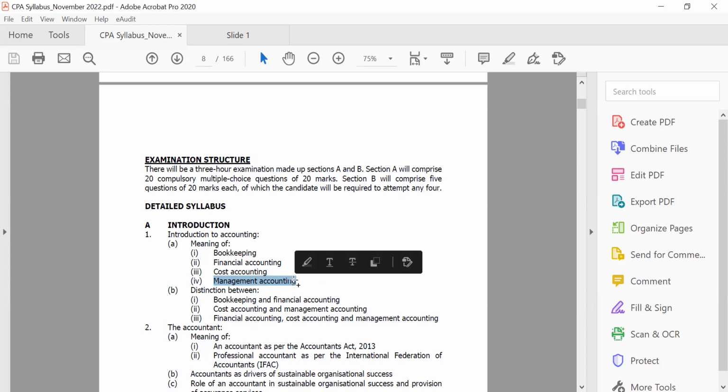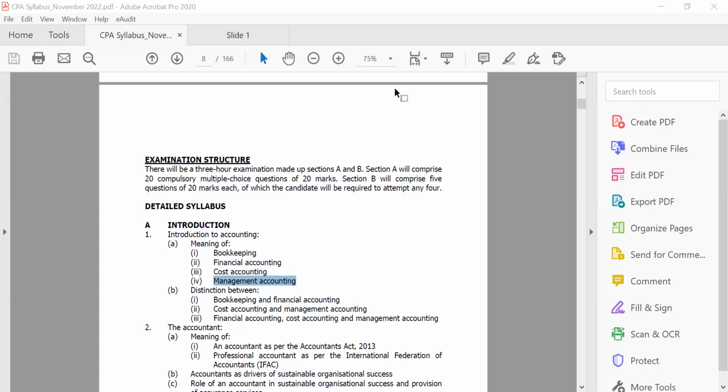The management accountants help us transform financial accounting into reports that can be understood by our managers.